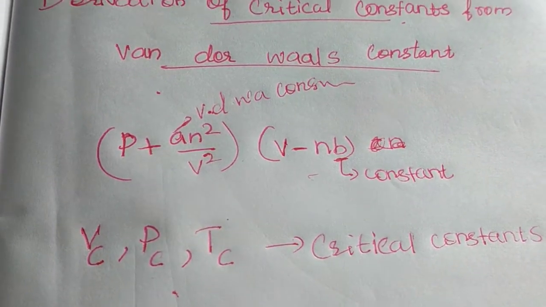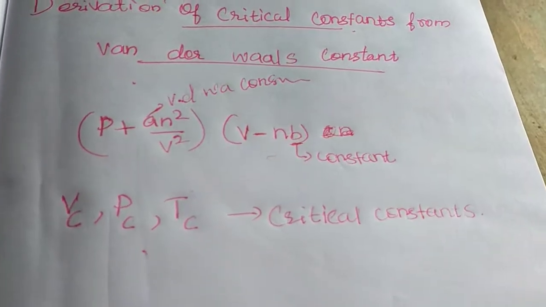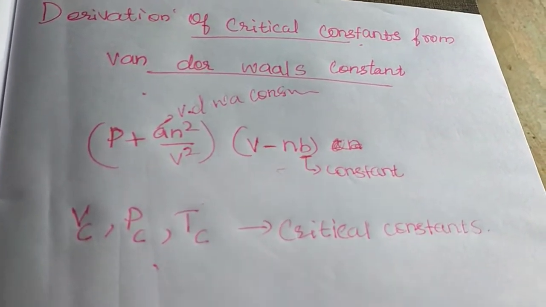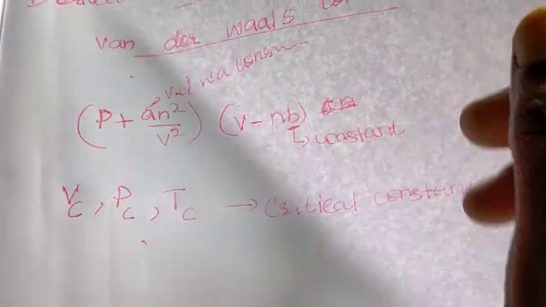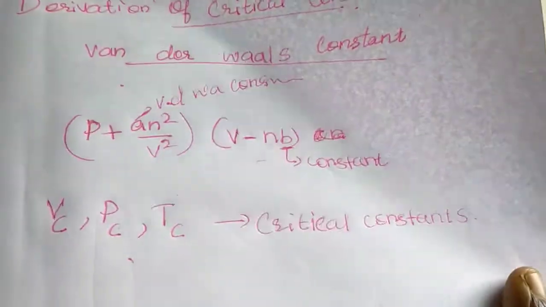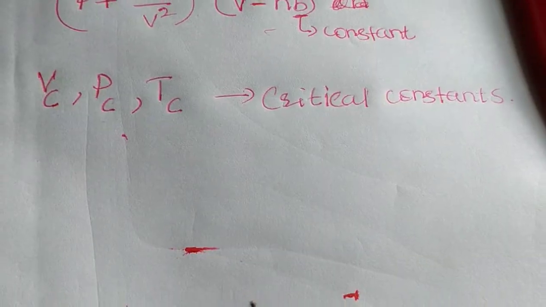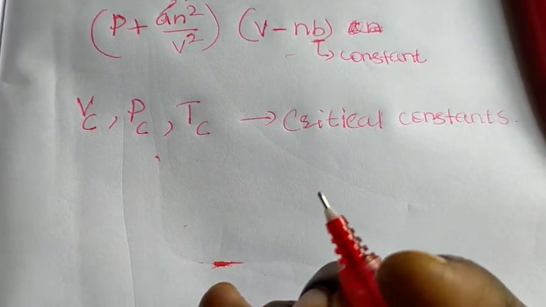In this class, we are going to find out the Vc, Pc and Tc values from the van der Waals constants. For deriving these, we use the van der Waals equation, the pressure and volume corrected ideal gas equation, for n moles.